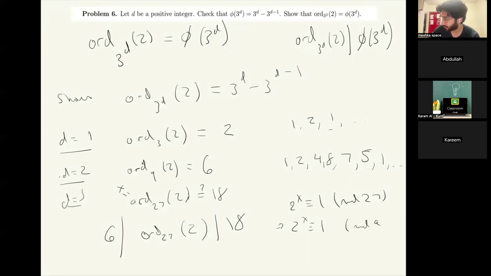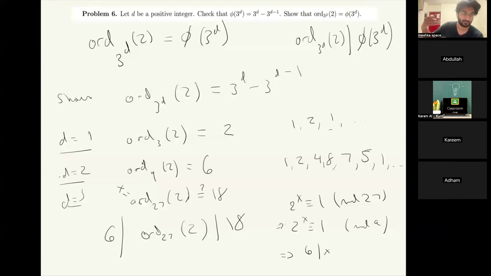Because of the previous calculation, here we're doing the inductive step, or the inductive hypothesis, it implies that 6 divides x, right? 6 was the previous order. Okay, great. So we know the order is divisible by 6, and it's a factor of 18. So there's only 2 things it can be, either 6 or 18, right?